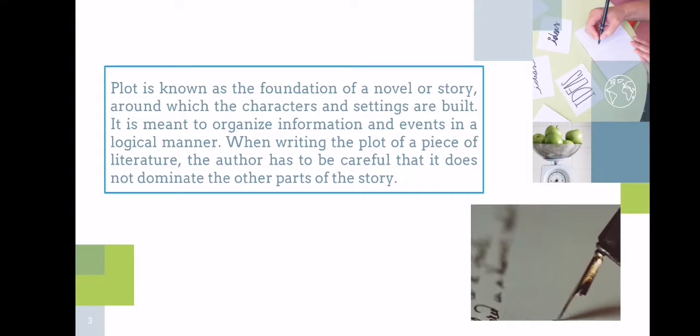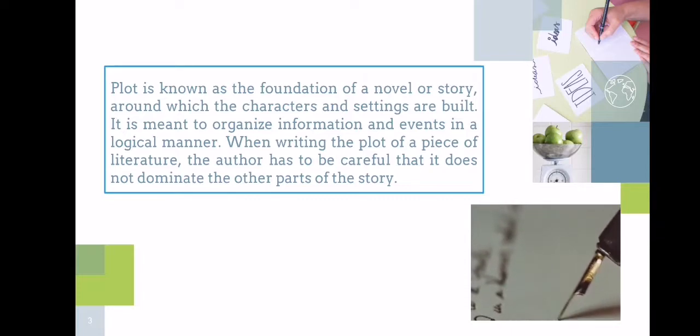You know that settings and characters are also very important within the story, so this is also part of our analysis. It is meant to organize information and events in a logical or sequential manner. When writing the plot of a piece of literature, the author has to be careful that it does not dominate the other parts of the story.